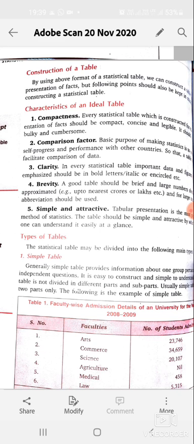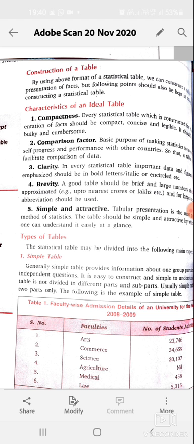Instead of writing 1 and 5 zeros, we can easily write 1 and mention the unit in lakhs, similarly in crores, similarly million, billion and trillion. It is called brevity, brief and approximated. And abbreviation also should be used. Abbreviation means the short form should be used.